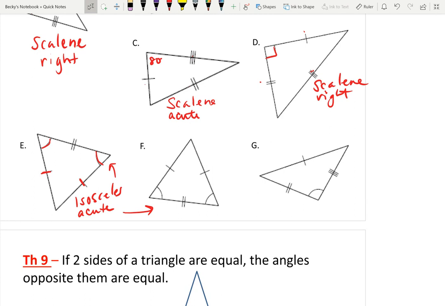You might be saying, how do we know they're acute? Again, I'm just going to put a little angle measure in here so there's no trying to disprove it. On this one, I'm going to say this is 100 degrees, so now we know this is isosceles and obtuse.